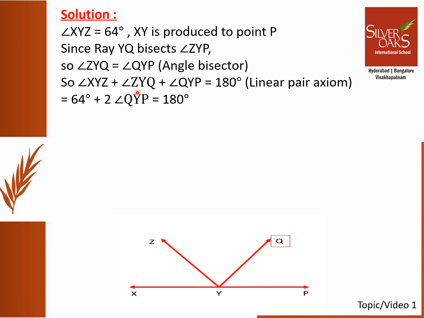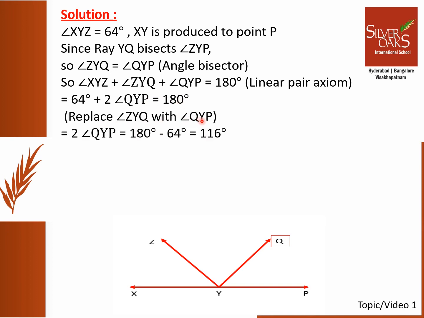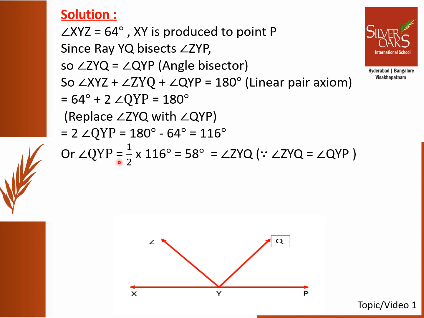As these two angles are equal, by the angle bisector property, I wrote 64 degrees plus twice QYP is 180. Okay, you replace this. Then you can find out QYP. Take this 64 degrees to the other side. This is 116. Find out angle QYP, which is half of 116, 58 degrees.